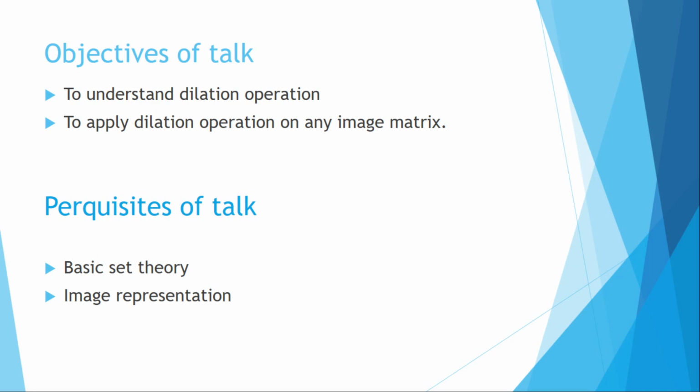We should have knowledge of these logical operations also. And image representation comes into the scenario. The image can be represented in a grid format or in a matrix format. Both ways we are considering in this talk.